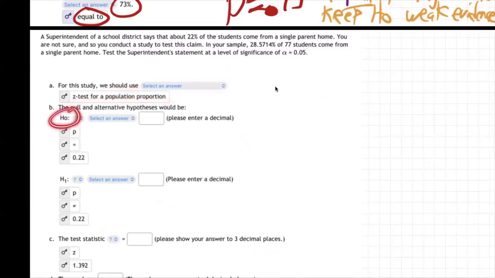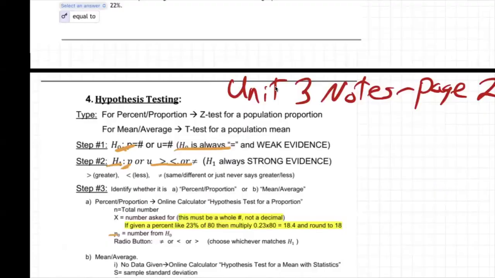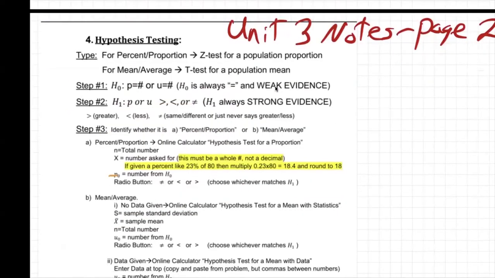Next, we have to do the H0 and the H1. How do those work? Well, it says here in the notes again, H0 is always P equals, or U, which is really mu, equals. So we're going to use P because it's a percentage question. And notice H0 is always equals.